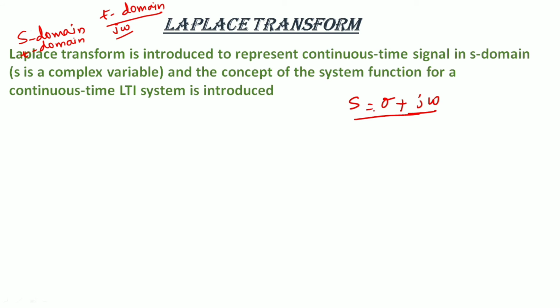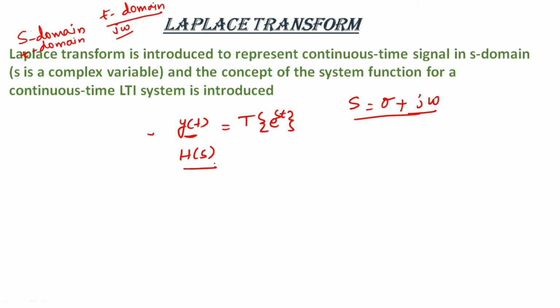So suppose y of t is the output, and we have an operator T, and we have an input, or we can say eigenfunction, that is e to the power st. Now if we want to find out the Laplace transform, that is H of s. What is H of s?